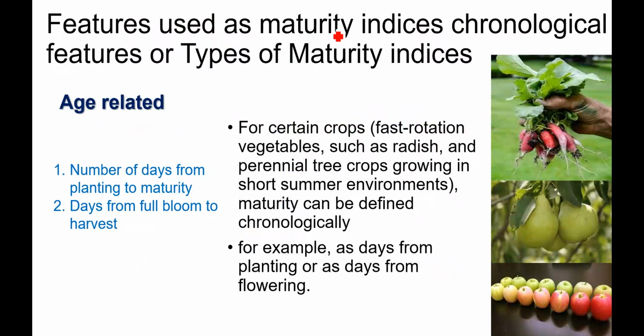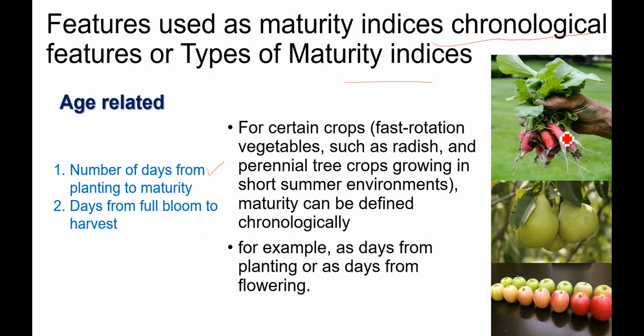There are features that are used as maturity indices, called chronological features, or they could also be called types of maturity indices. So based on age, like the number of days from planting to maturity.